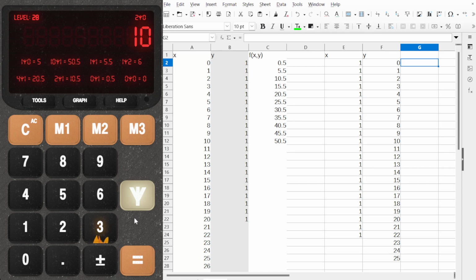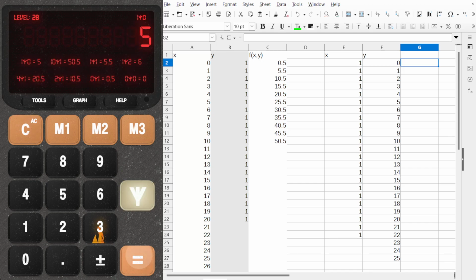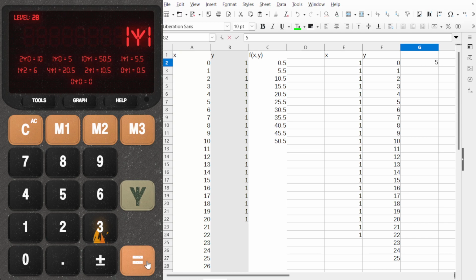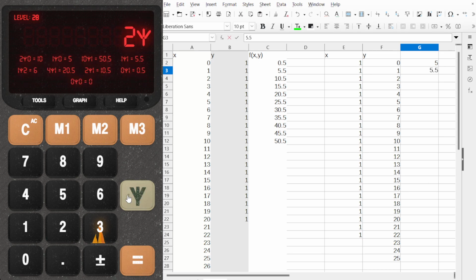Okay, no, once more. 1, 0 is 5. 1, 1 is 5.5. Okay. 2, 1. I have made the same mistake again.